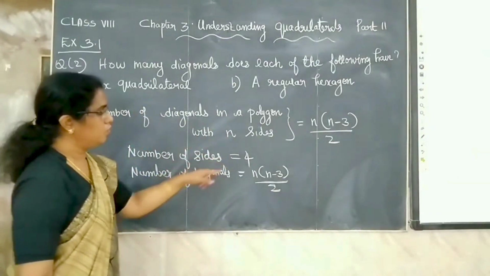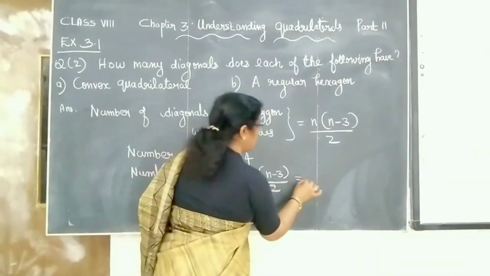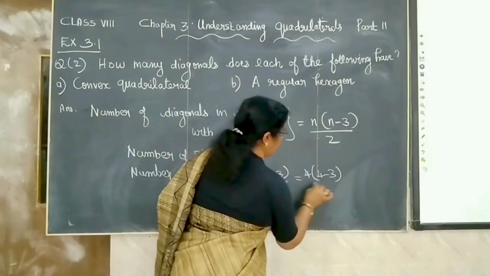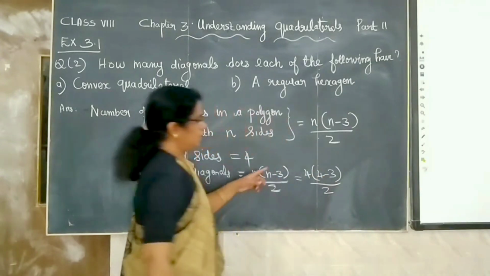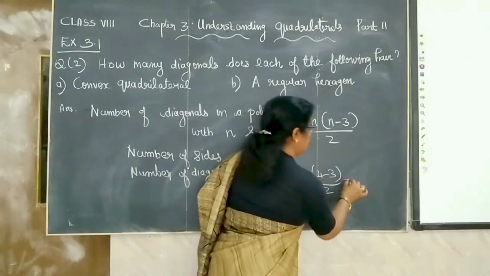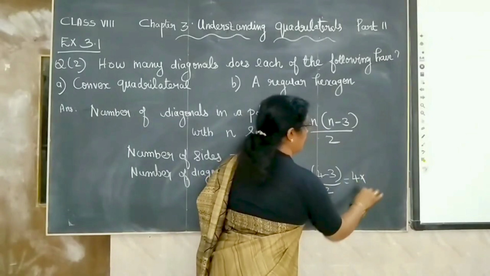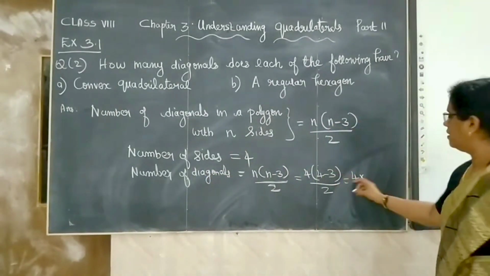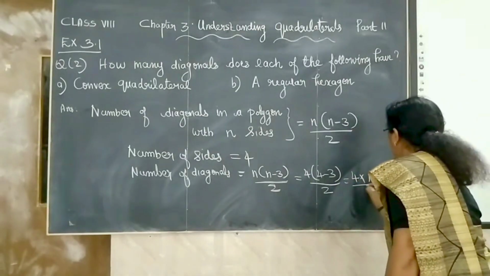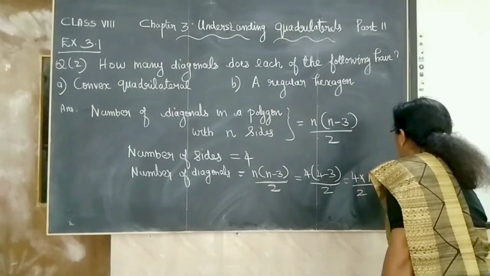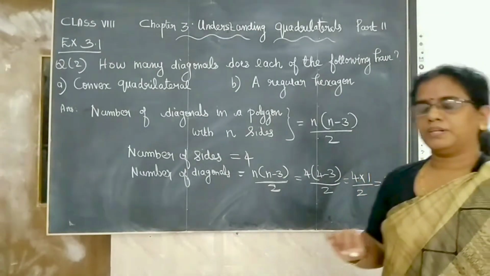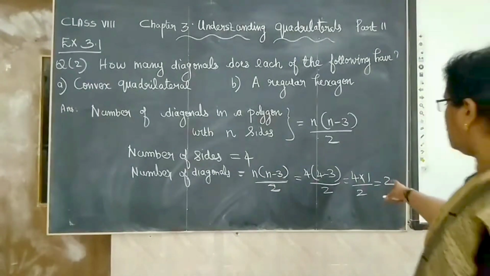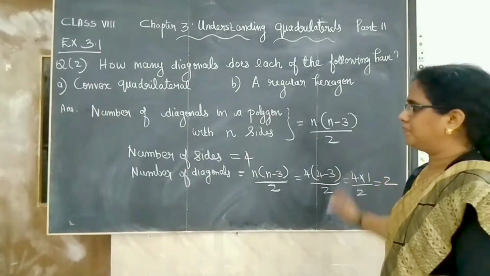Here n equal to 4, therefore 4 into 4 minus 3 divided by 2. In the next step it becomes 4 multiplied by 4 minus 3. 4 minus 3 is 1. Therefore 4 into 1 divided by 2 is equal to 2. Therefore in a convex quadrilateral, we can draw 2 diagonals.